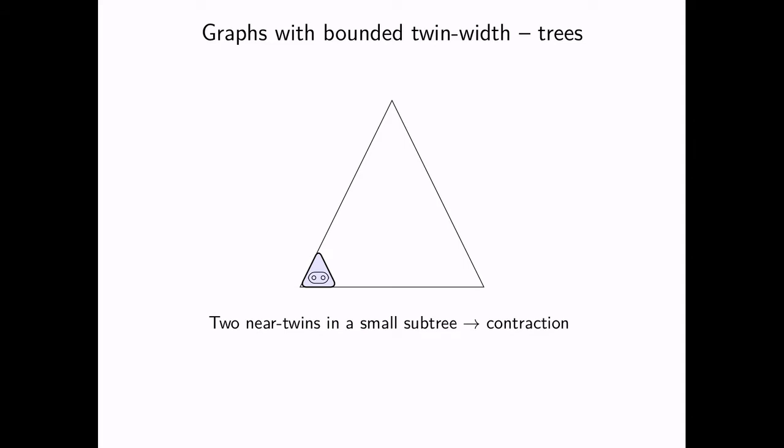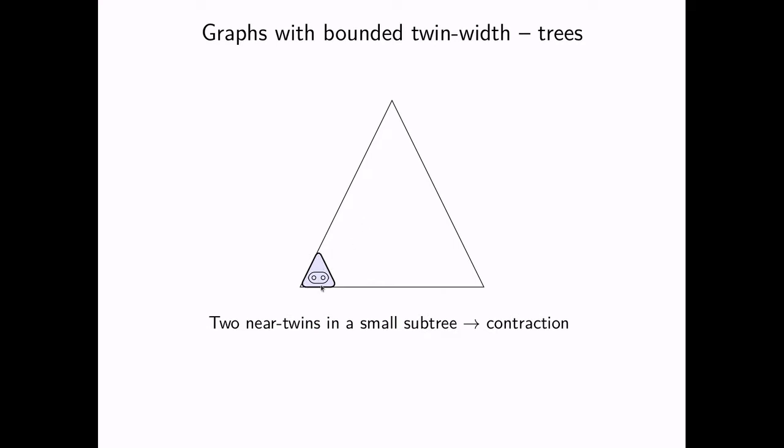And the reason why bounded rank widths has bounded twin widths is that you can find a small tree that is big enough that you can find two vertices inside it having the same neighborhood outside of the tree. So in the definition that I gave you of rank widths, the number of neighborhoods was bounded.